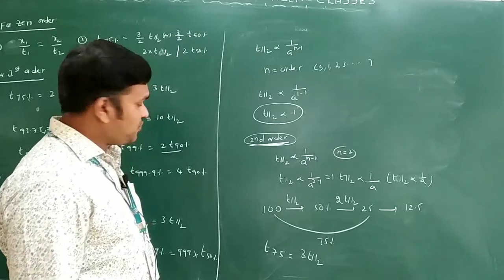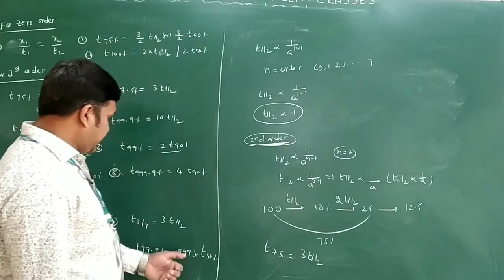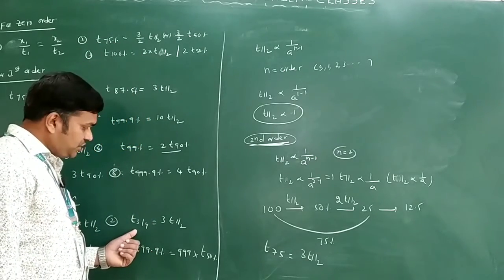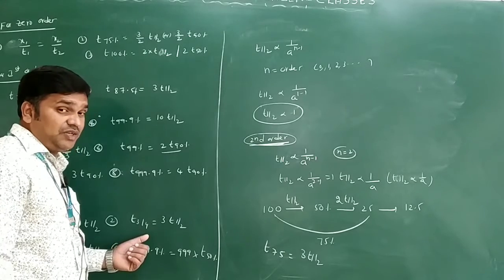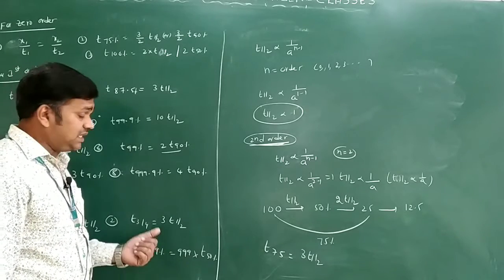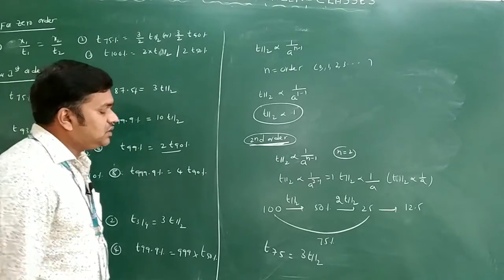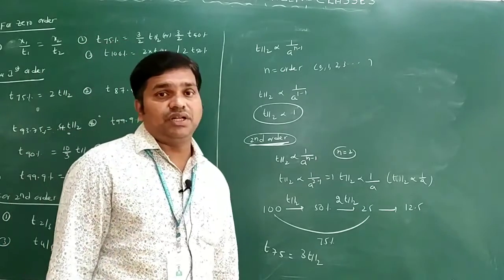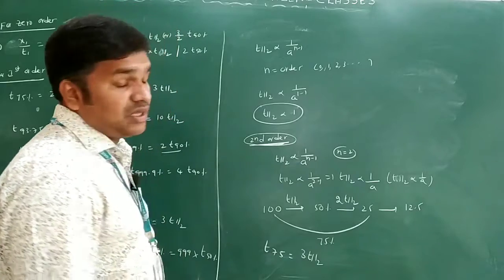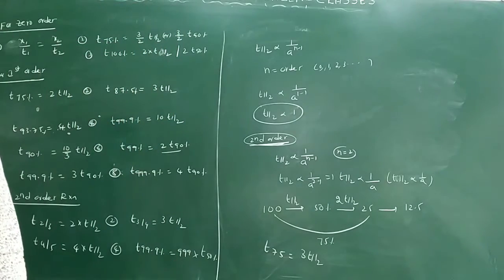This is particularly for the second order reaction. 3 by 4, how much here? 0.75. 0.75 multiplied by 100, how much will you get? 75%. So T 75% is equal to 3 into T half. So like this we will get the relations for the zero order, first order, and second order reactions.